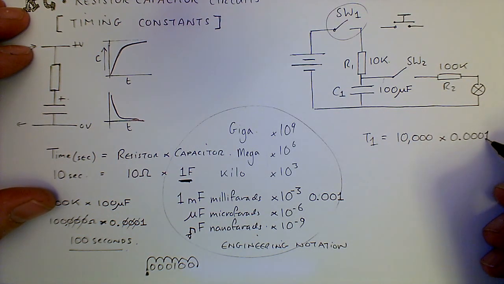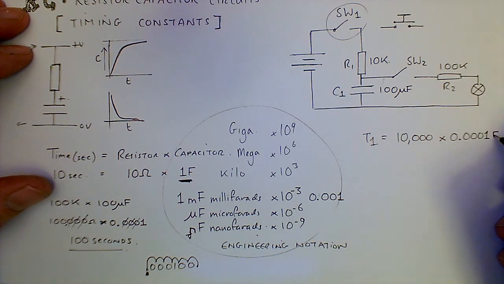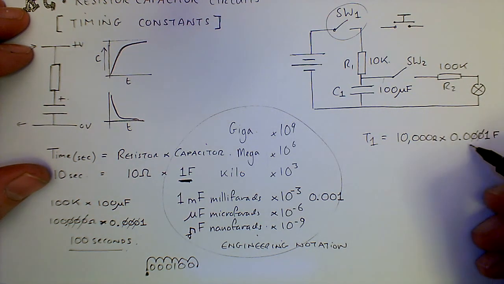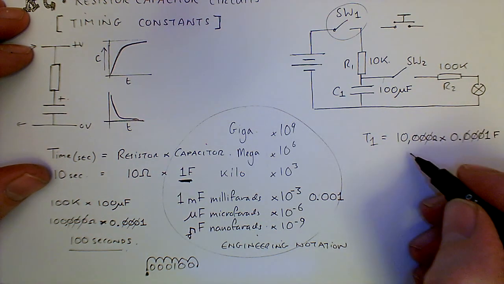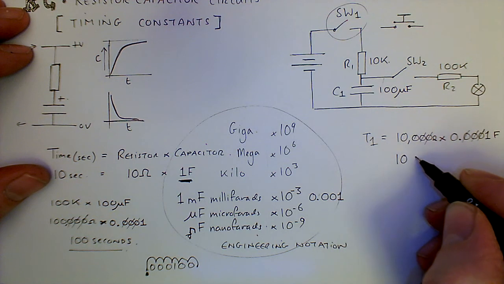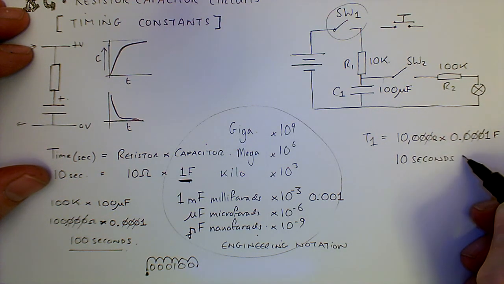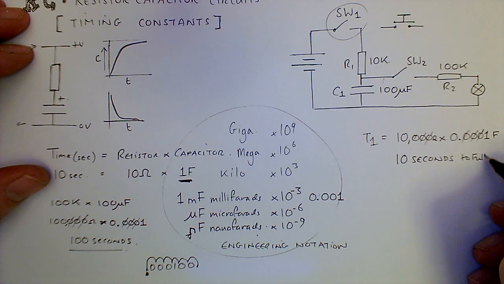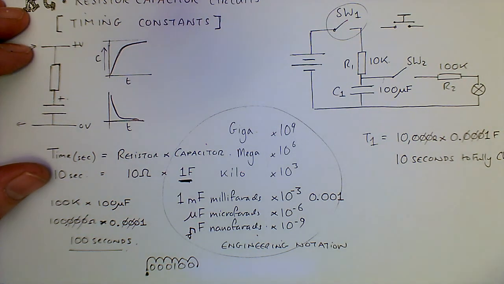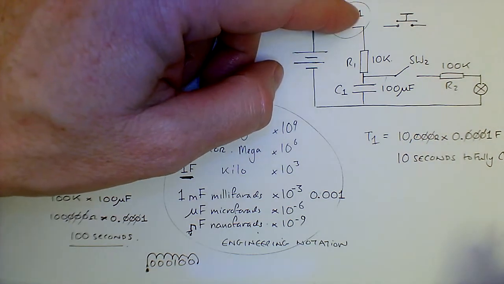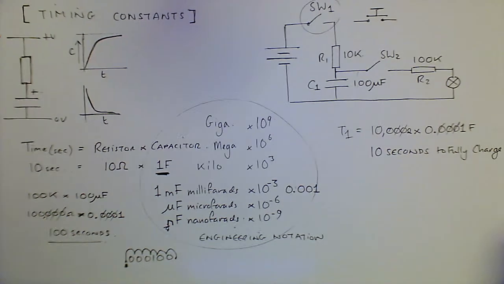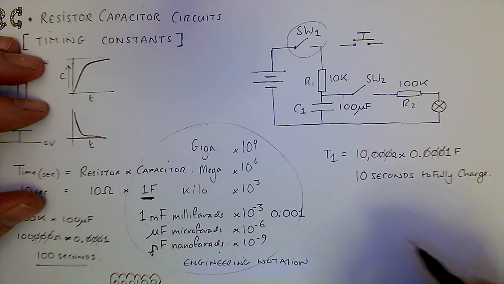It was 0.0001 farads times 10,000 ohms. So that's going to give me 10 seconds to fully charge. I'd have to hold that closed for 10 seconds to get a full charge.